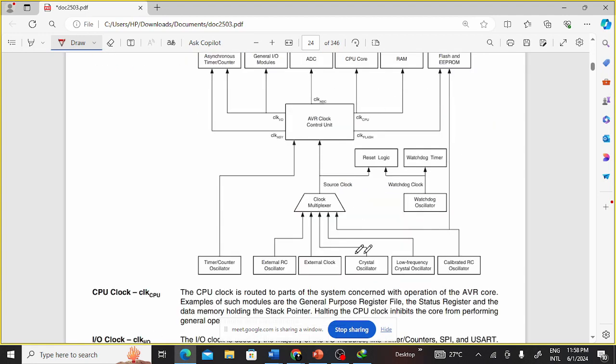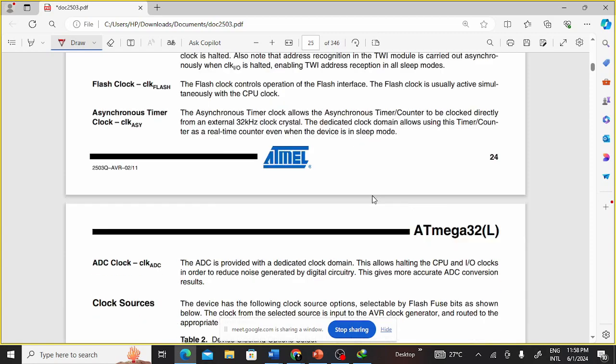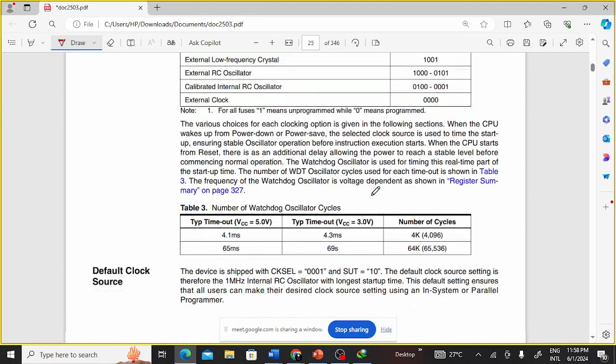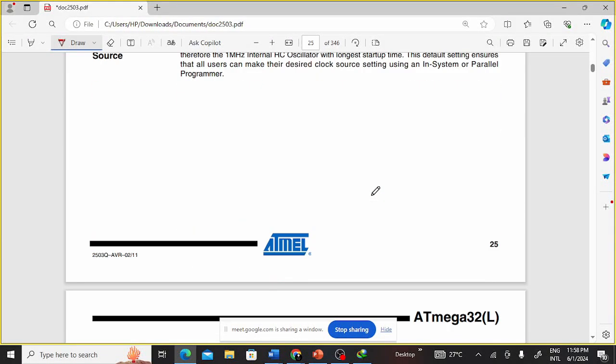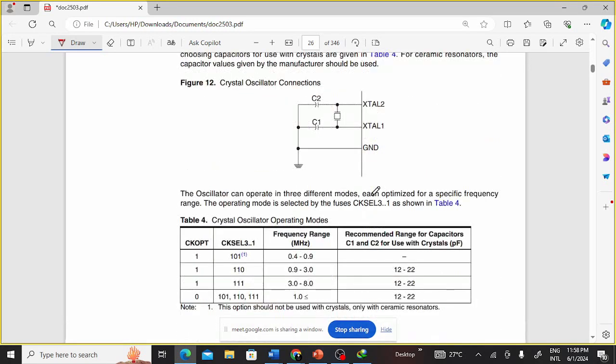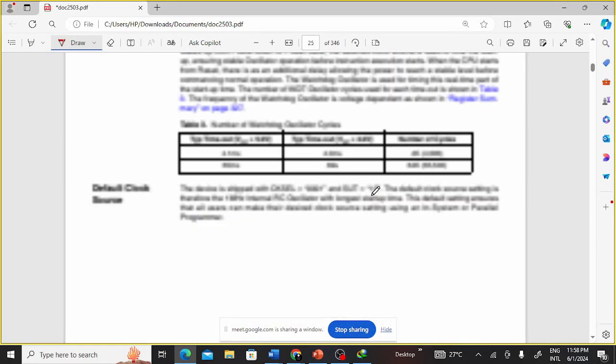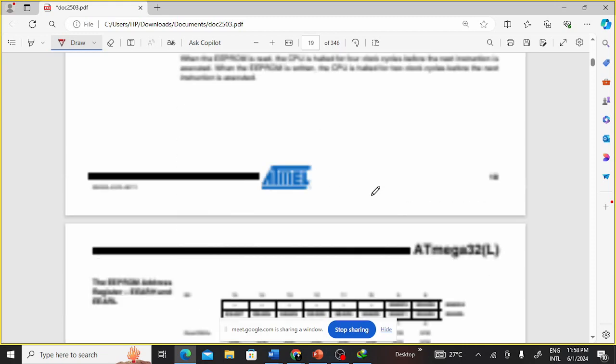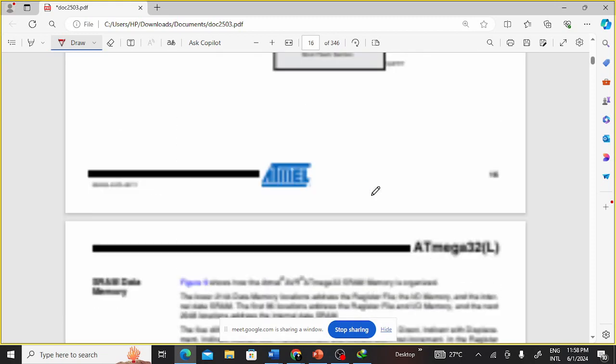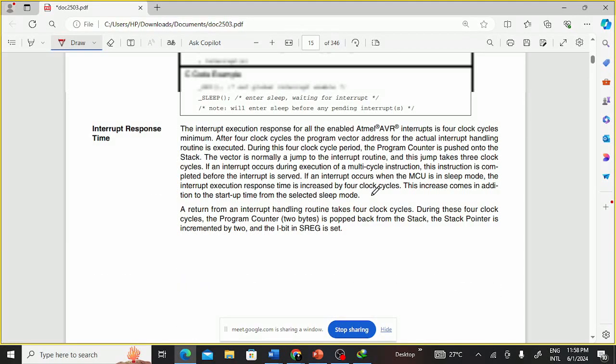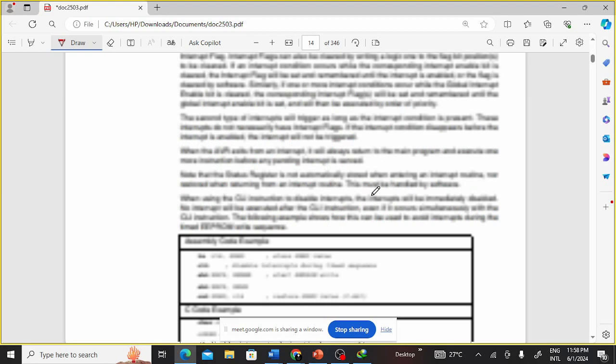Once I explain this tomorrow, I will try to combine everything I need to talk about, so that after tomorrow we can get everything running from there. Once we finish clock analysis, then we can get our microcontroller running.